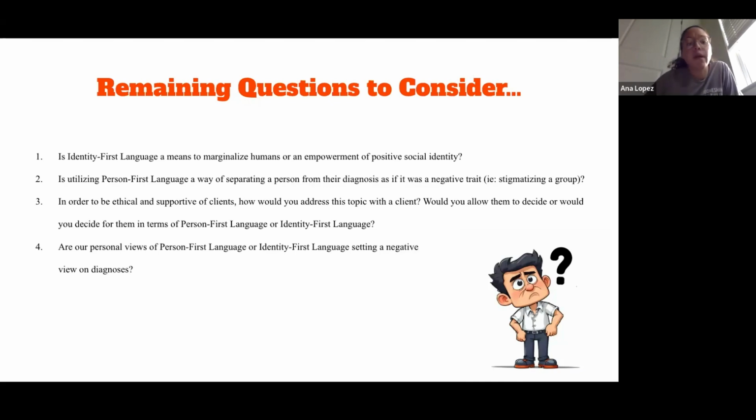And since the field of ABA is slowly shifting away from using solely medical terminology, I think we may see some differences in future research, with more social validity coming into these discussions.